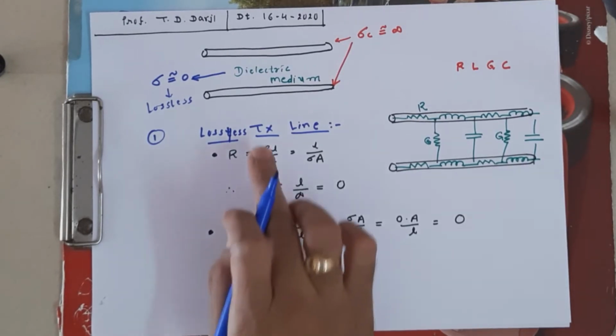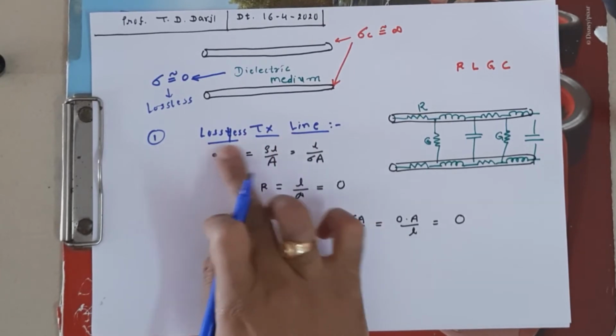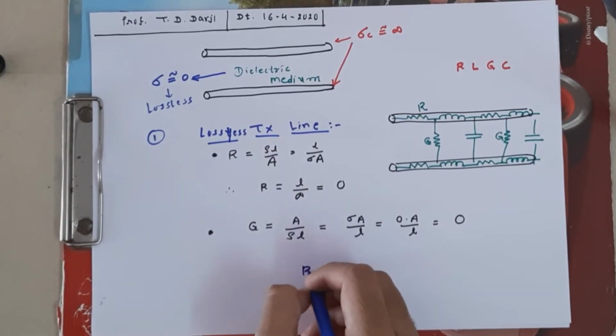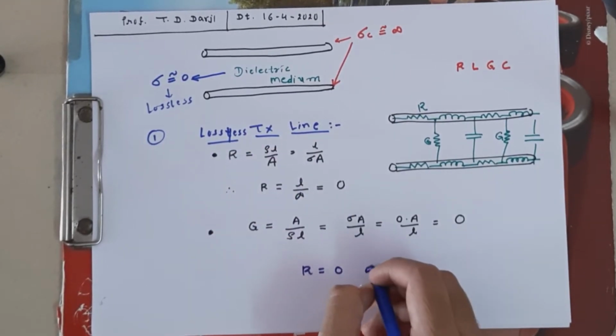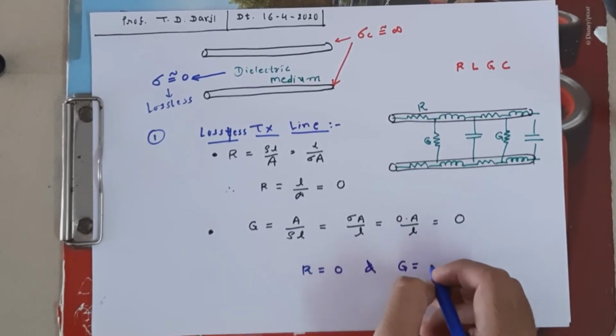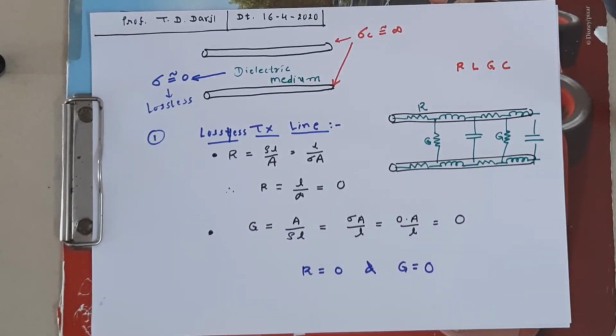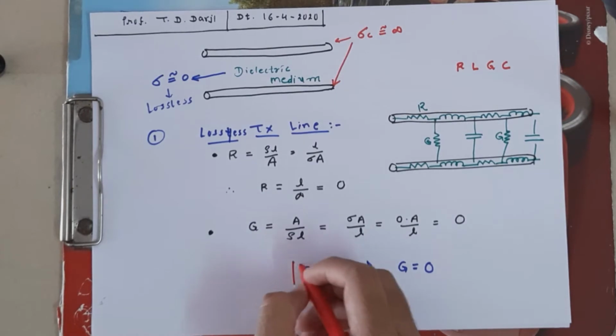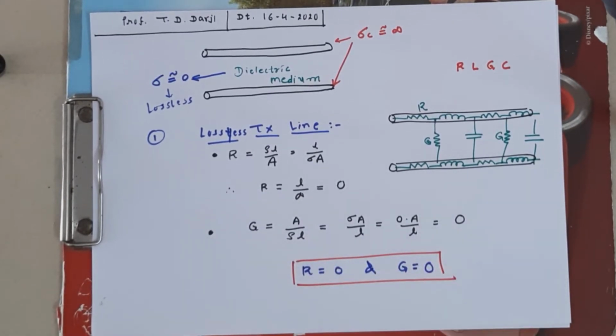So there are two conditions for your transmission line to be lossless. First, the value of R should be 0 and the value of G is also 0. If these conditions are satisfied, we can say that our transmission line is a lossless transmission line. Otherwise the transmission line is a lossy transmission line. Clear?